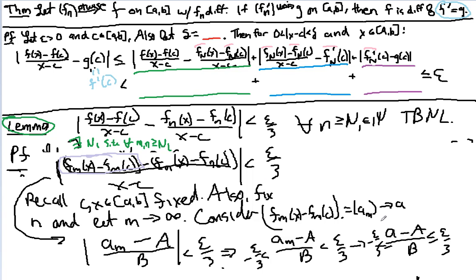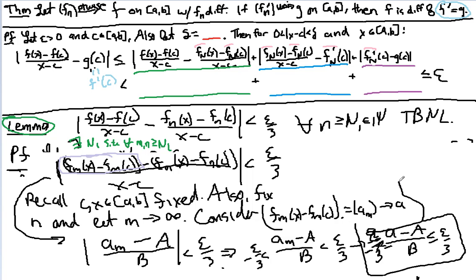By the order limit theorem, this says that (a_m - a)/b is going to go to (a_m limit - a)/b, and that's going to be less than or equal to epsilon over 3, or negative, less than or equal to epsilon over 3.